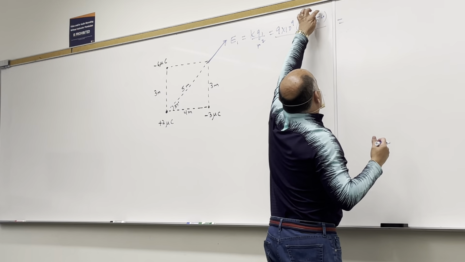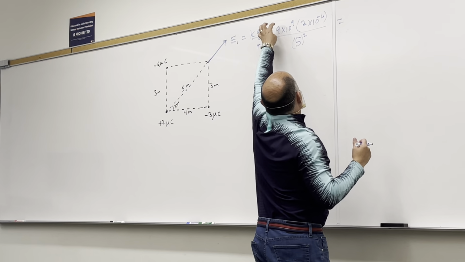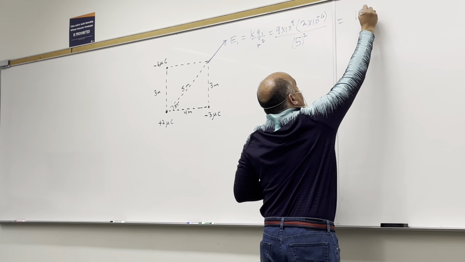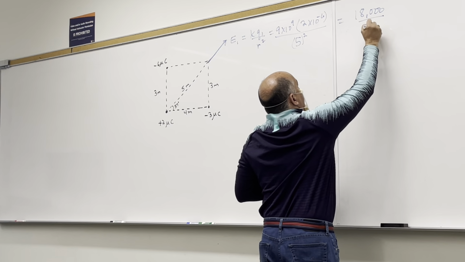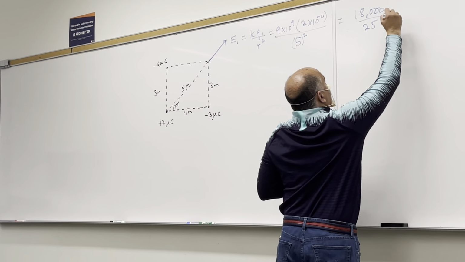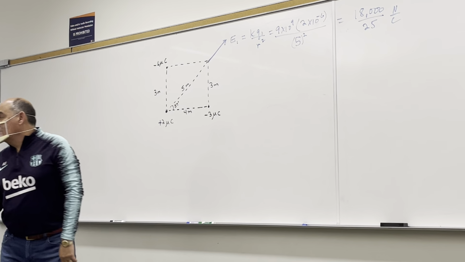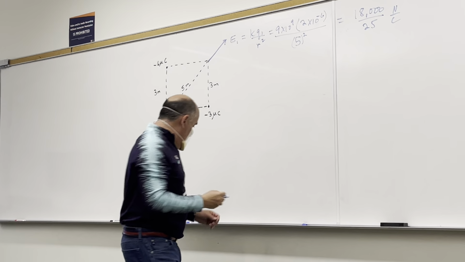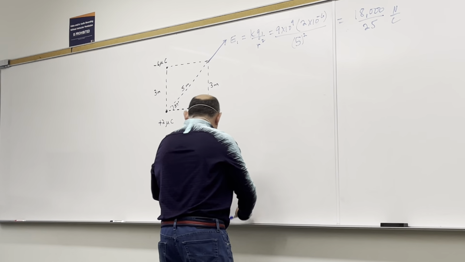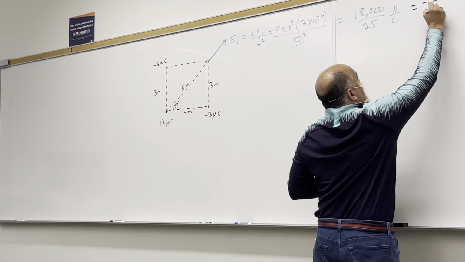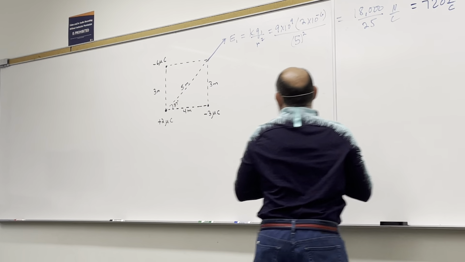The 10 to the 9th and the 10 to the minus 6 is 1,000. So that's 9 times 2 is 18,000 divided by 25. I don't know what that is, but some number. 720. So 720 newtons per coulomb.